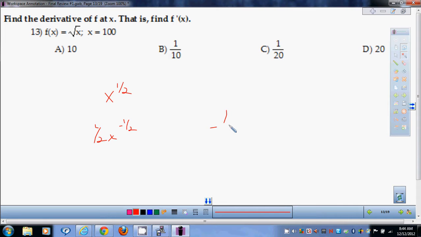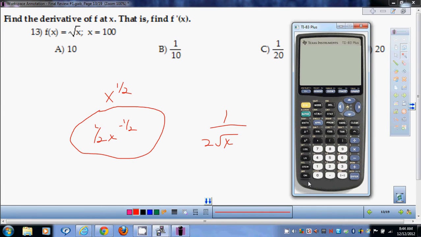So you could rewrite that like this, or you could just leave it like this if you're not feeling too good about your negative or fractional exponents. And you can punch it in just like that. So we are punching in parentheses 100. Let's take 1/2 first. 1/2 parentheses 100 raised to the -1/2 power.